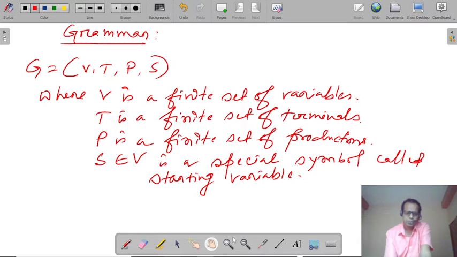Here we must know that a variable is represented by a capital alphabet, T is a terminal, which is a small alphabet, and P is the production set, which produces some strings, and S is the starting variable. So it is where we start reducing to the string.